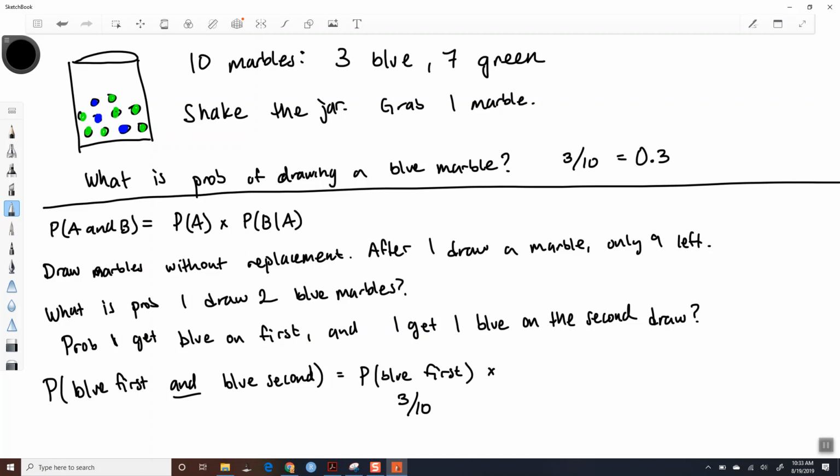Getting a blue marble on the first draw, 3 out of 10. And then the thing is, what is the probability I get blue on the second given I got blue on the first?